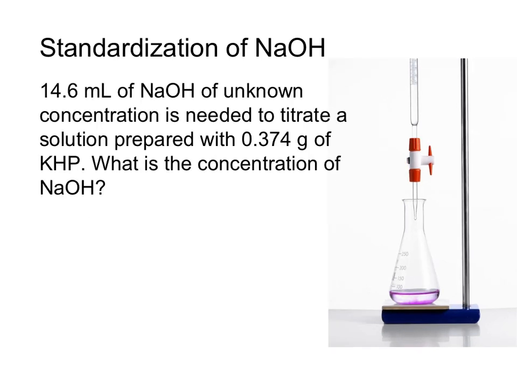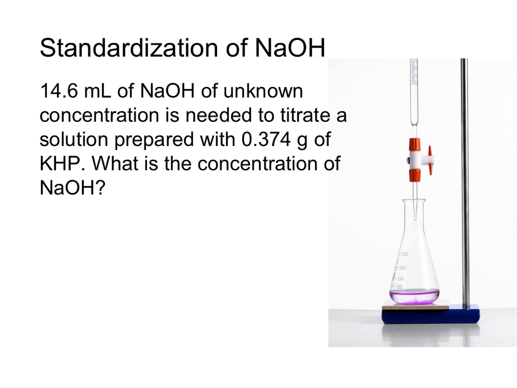And so, in this example, we're trying to find our precise concentration of NaOH, and in our titration, we needed to use 14.6 milliliters of our NaOH solution in order to get to our endpoint of a solution that was prepared with 0.374 grams of KHP in our Erlenmeyer flask.